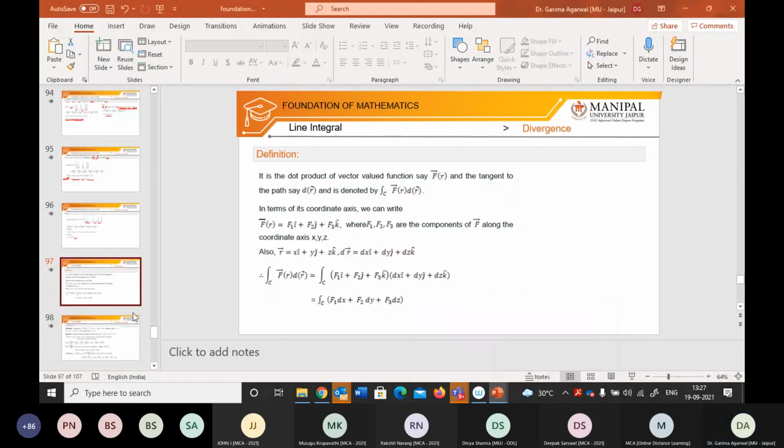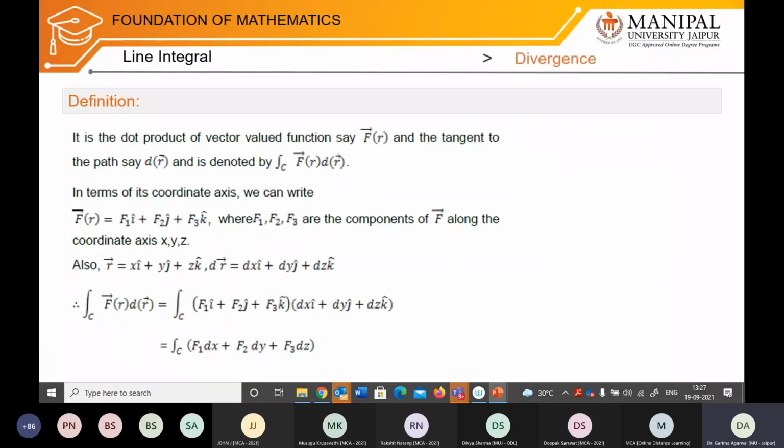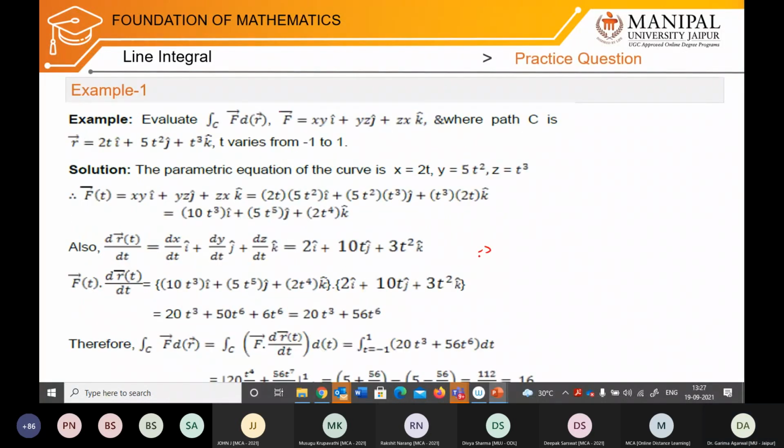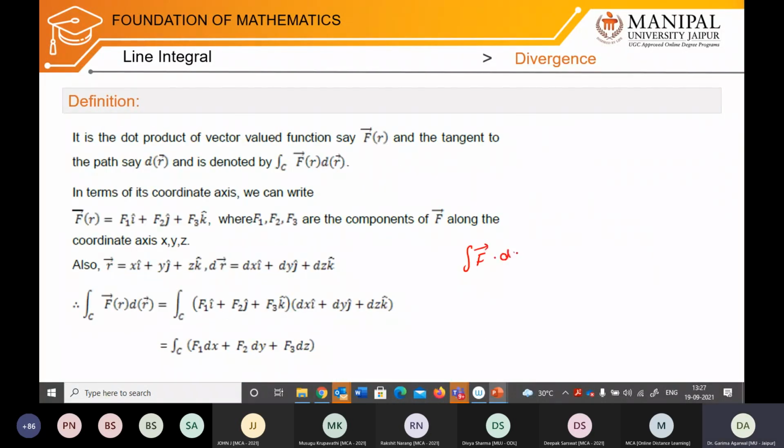Fine. So the next is line integration. Line integration is written as the integral of vector f dot dr, where r is x i cap plus y j cap plus z k cap. So dr will be dx i cap plus dy j cap plus dz k cap.